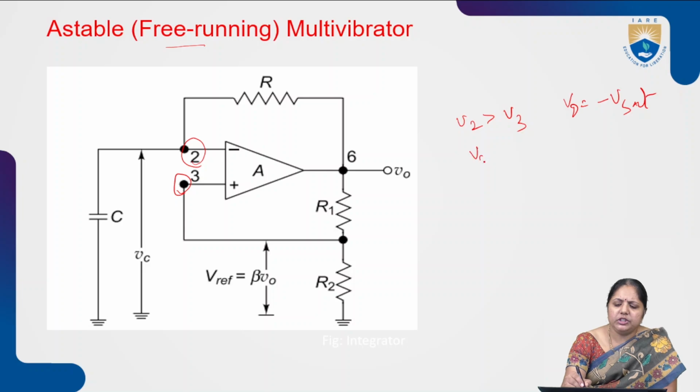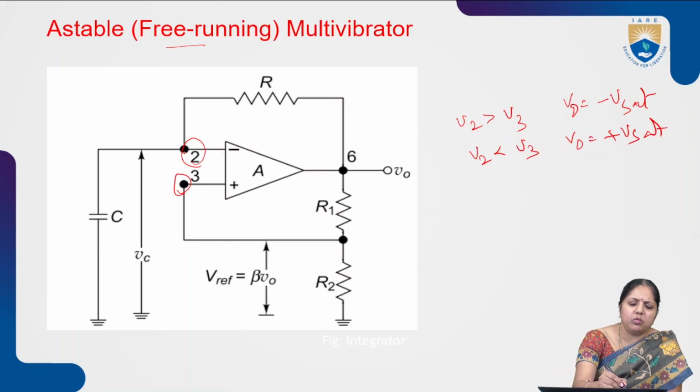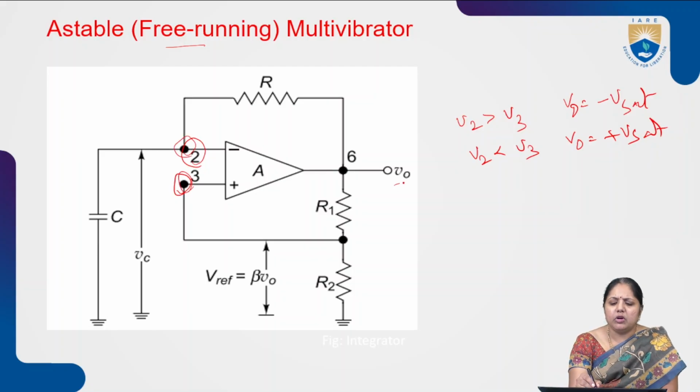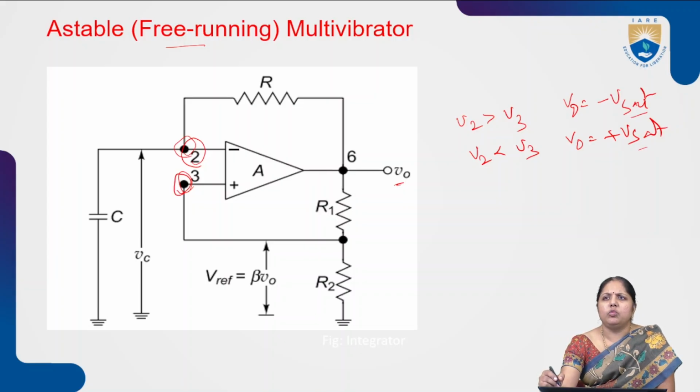Similarly, if V2 is less than V3, then V0 will go to plus Vsat. So based on the comparison, the output moves from minus Vsat to plus Vsat or plus Vsat to minus Vsat.